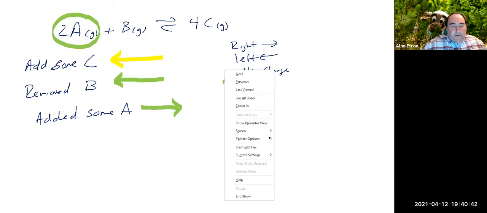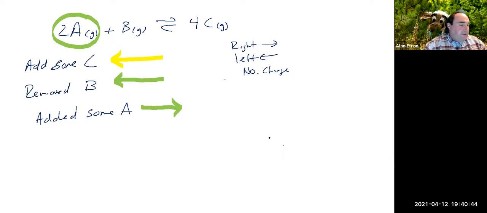Okay. So that's one stress that we could do to a system that's at equilibrium, is really play with the concentration. How do we add more? Adding is pretty simple. You go to the shelf, you pick up the bottle and you dump it in. Removing something, we don't reach in to remove it.